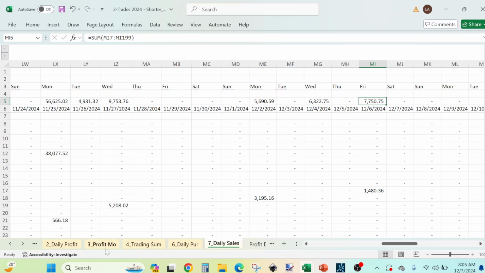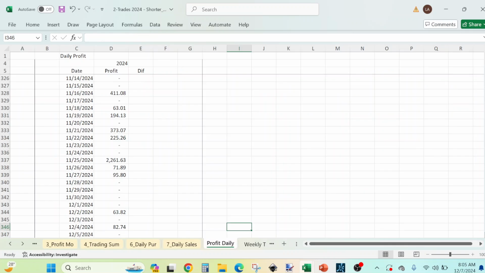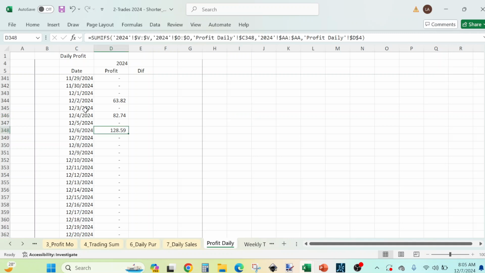So now we have our daily profits by tracking this vertical way as well, and we have the same numbers on the 2nd, the 4th, and the 6th. Between them we didn't have any profit.